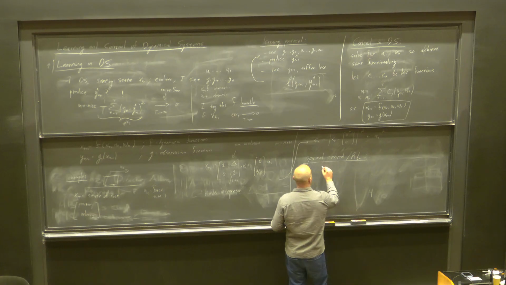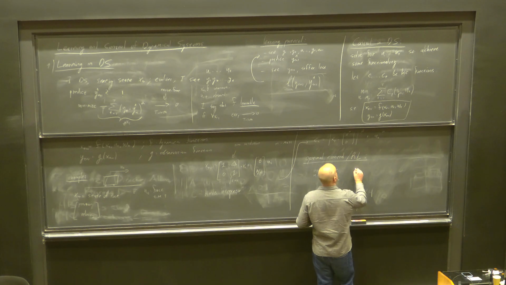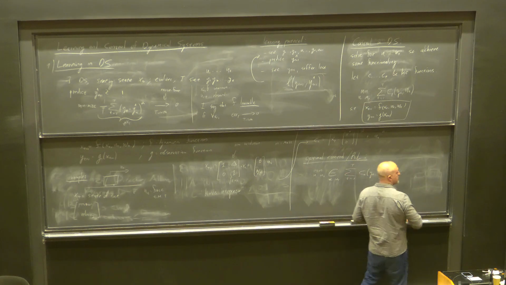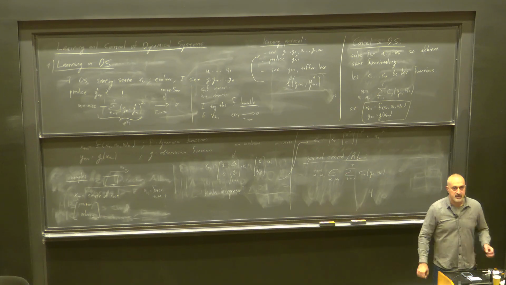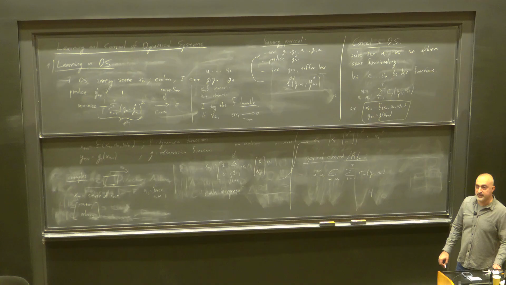In this problem, we try to minimize over U1 to UT the expectation under noise W1 to WT of the summation from t equals 1 to T of c_t(y_t, u_t). So we're trying to minimize costs under expected noise. You assume it's a random variable.